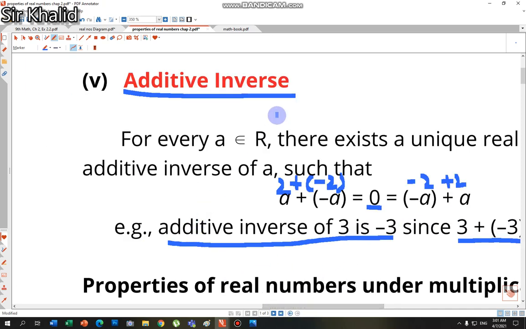The additive inverse of 2 will be minus 2. The additive inverse of minus 4 is equal to 4.